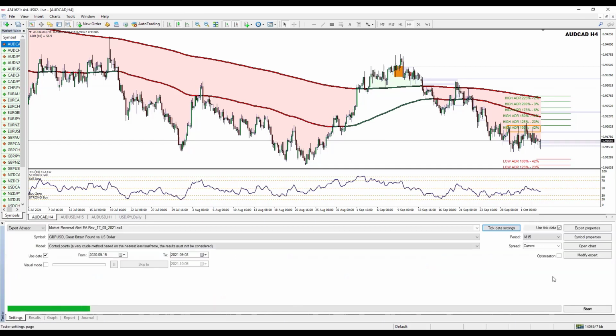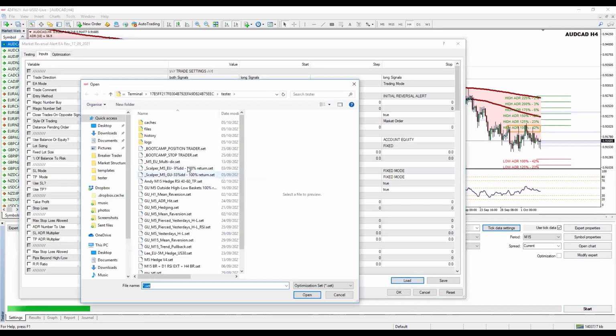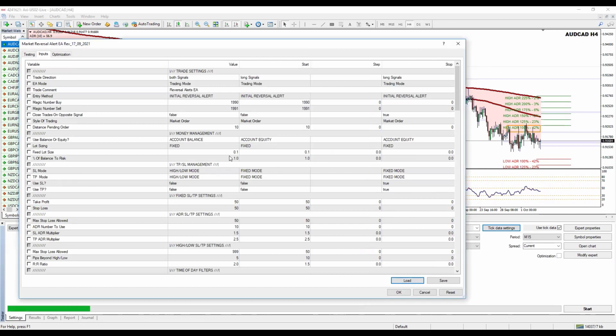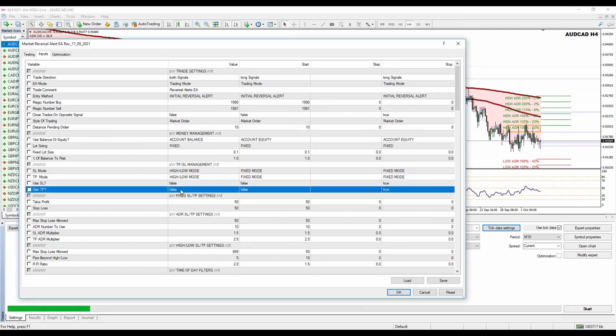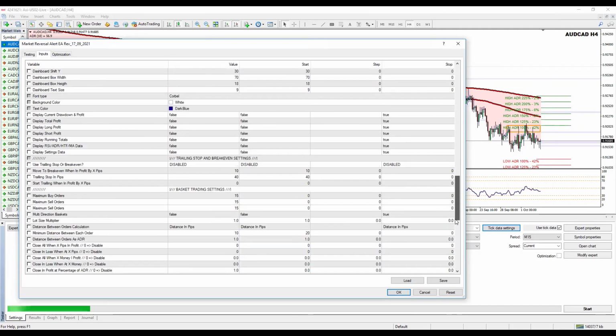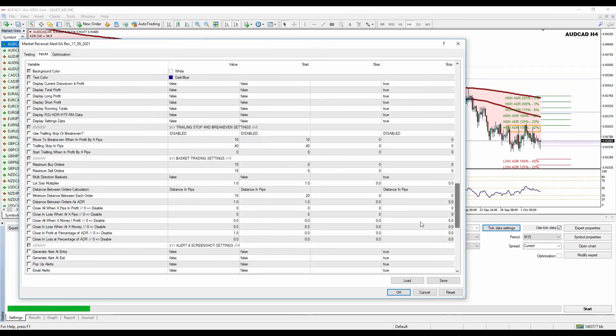So let's have a look at a position trader. So I'm just going to load up the position trader strategy. This is very, very similar. So it's virtually the same strategy, except we are not using a fixed stop loss and we're not using a fixed TP. We're trading as normal, but what we're doing is we have got a target of 1 ADR, okay?